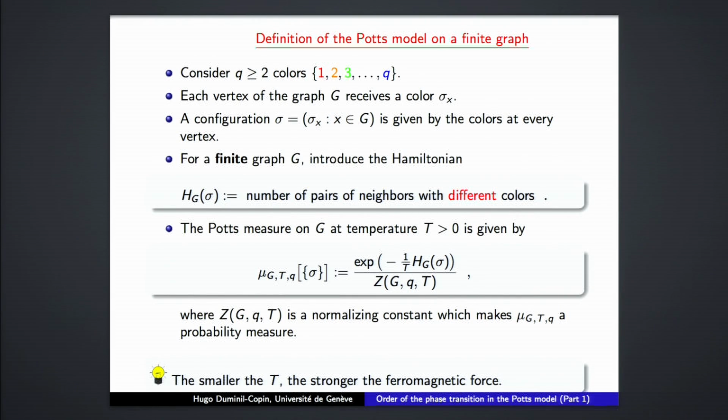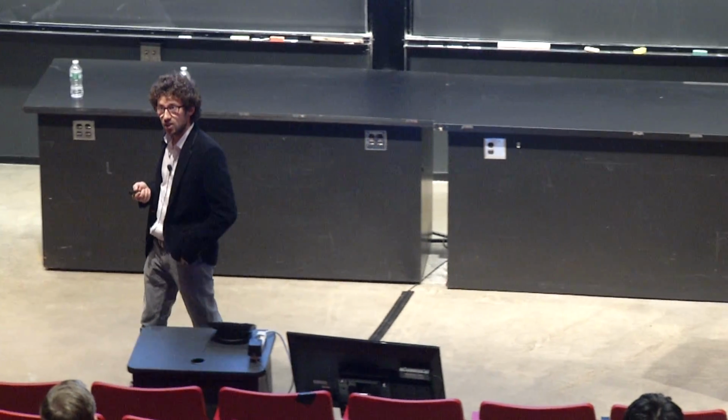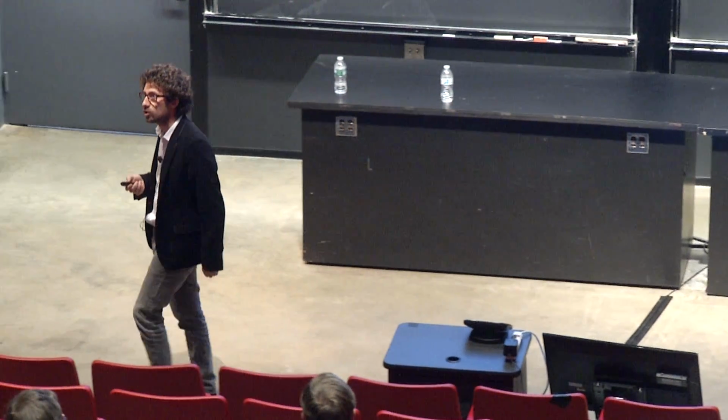So in this case, it's just a monochromatic configuration. So for t equals 0, this is just a uniform measure on monochromatic configurations. So there are Q of them. On the other hand, if t tends to infinity, this 1 over t tends to 0, and you just get the uniform measure on every configuration. You do not care at all anymore about the energy. Okay? So this t is tuning somehow how much you care about the energy.